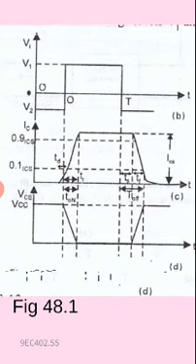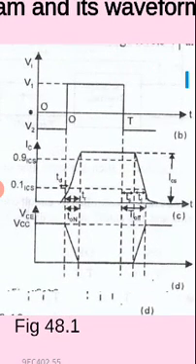The base is P type, and the voltage is positive. The transistor gets forward biased and it enters into the on state.